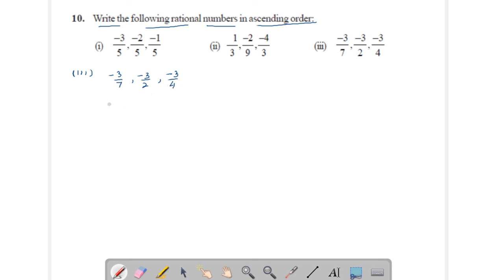Therefore you can say that minus 3 upon 2 is less than minus 3 upon 4 is less than minus 3 upon 7. This is your ascending order.